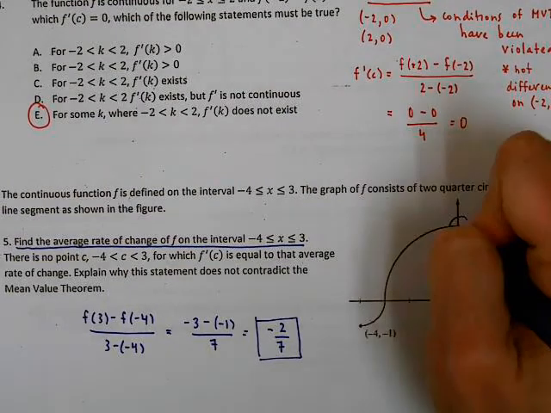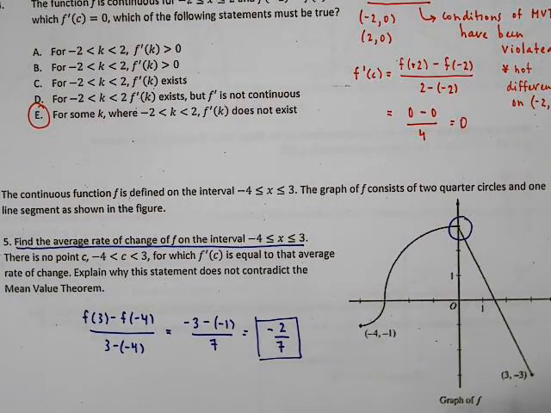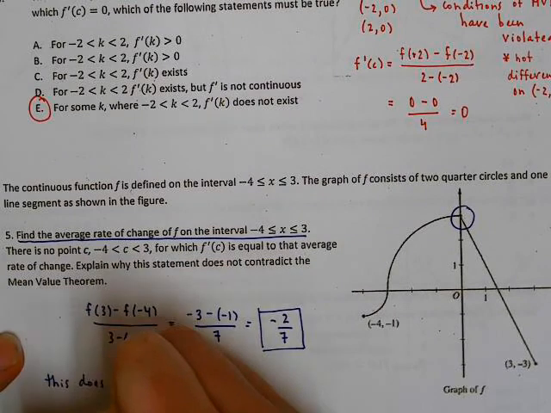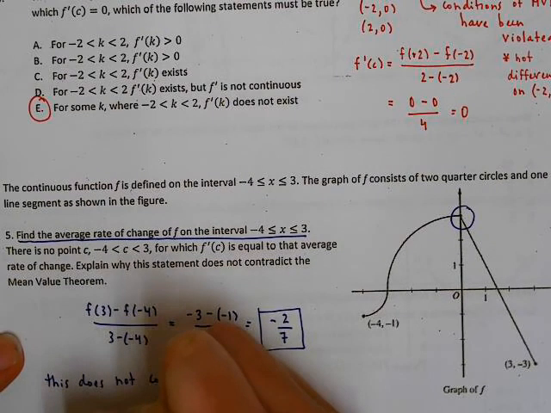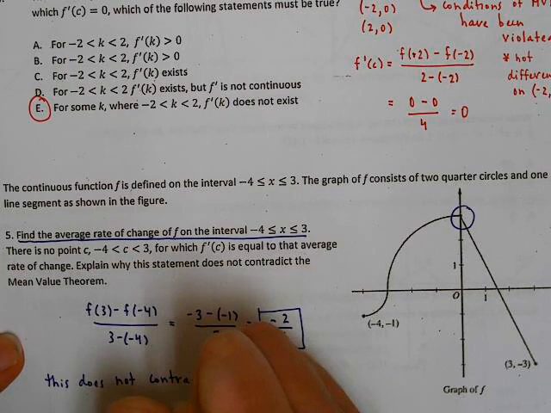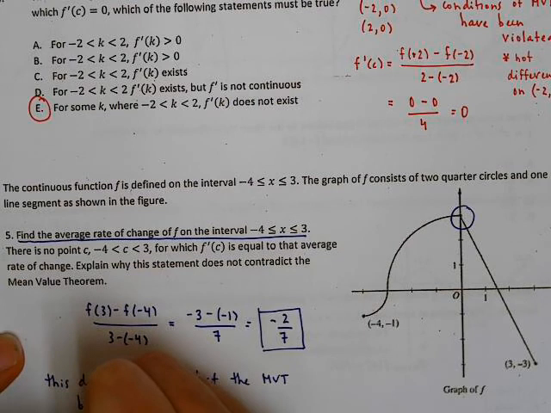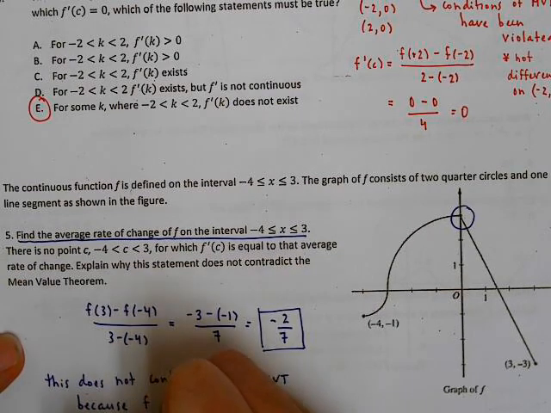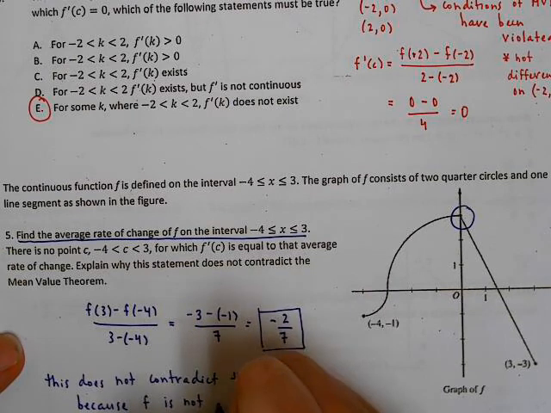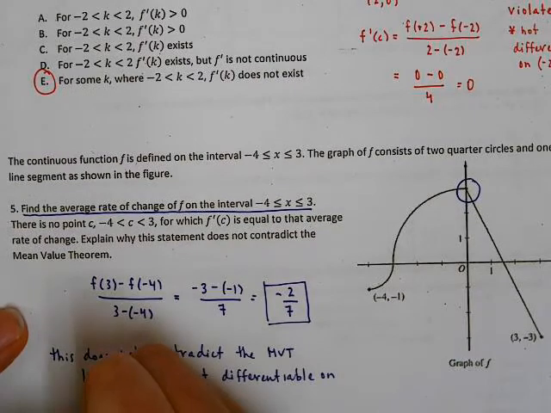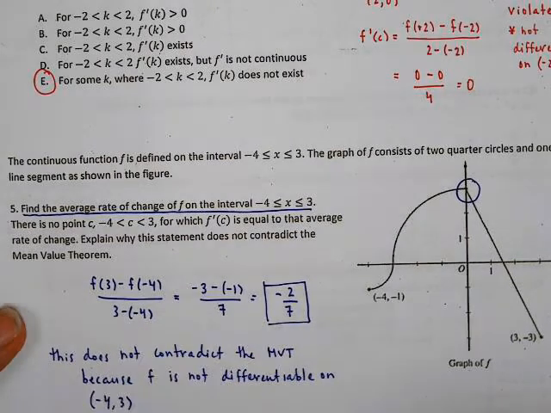And if I look here, I know I have a corner point that's going to make me not differentiable. So we could say this does not contradict the MVT because f is not differentiable on the interval from -4 to 3.